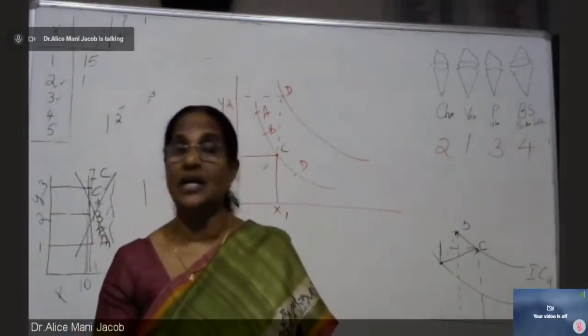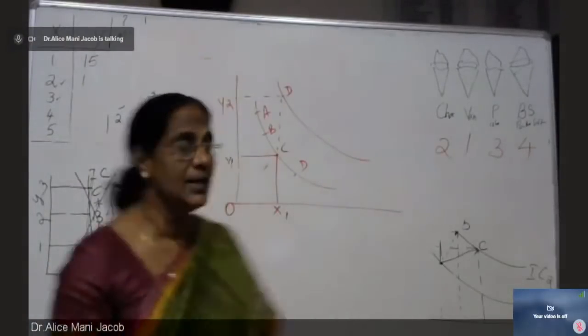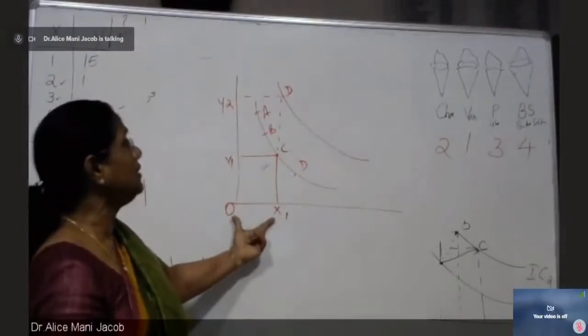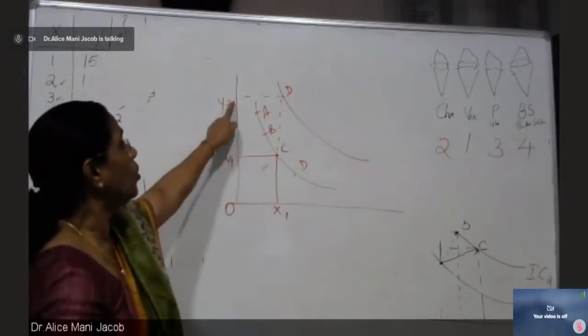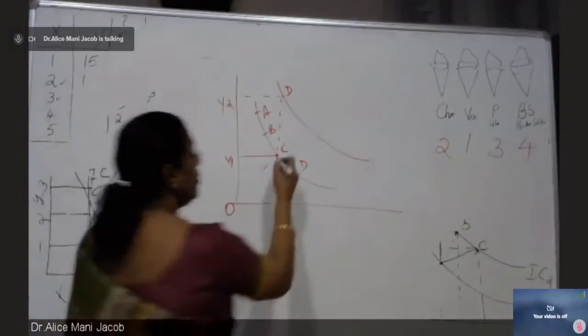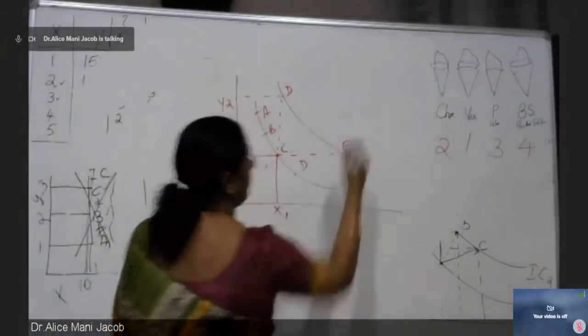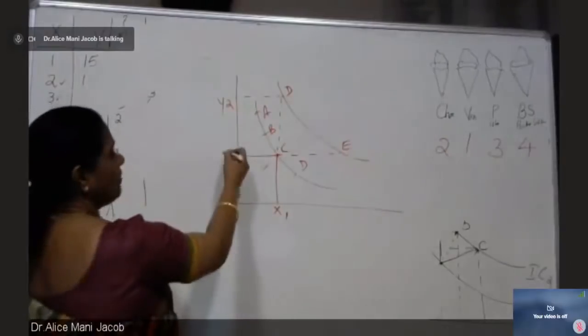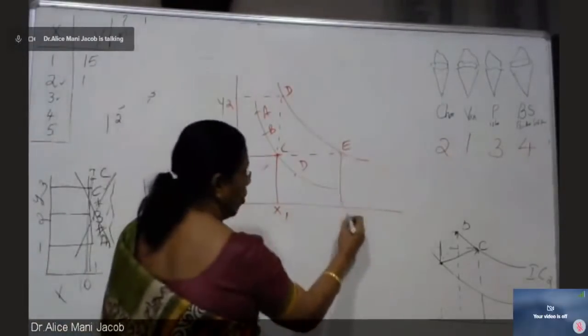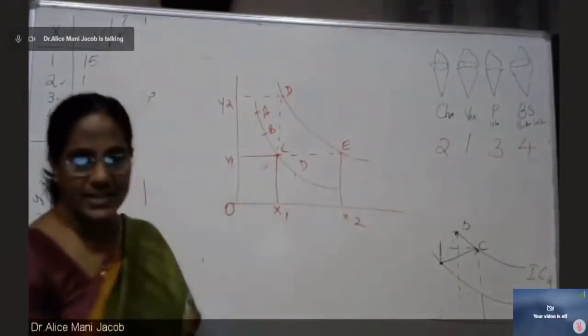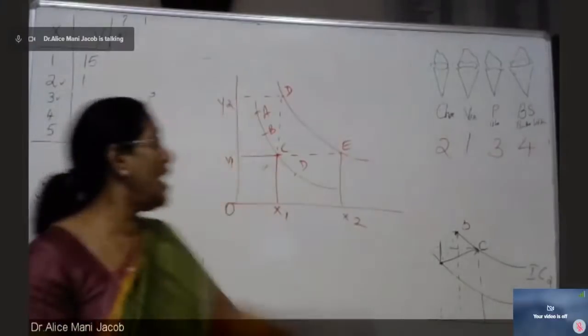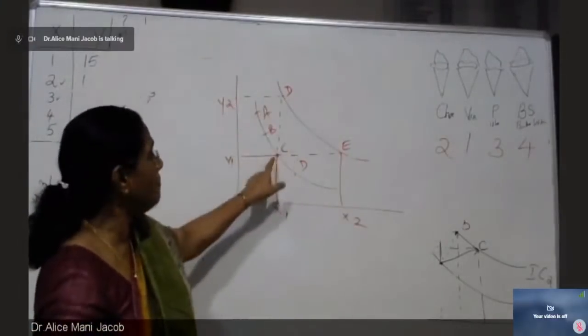That should definitely make your satisfaction higher because you have the same quantity of X and more of Y. You move to the second indifference curve to point E. You have the same Y and more X. Are you happy? Yes, you should be happier on the higher indifference curve than at C.